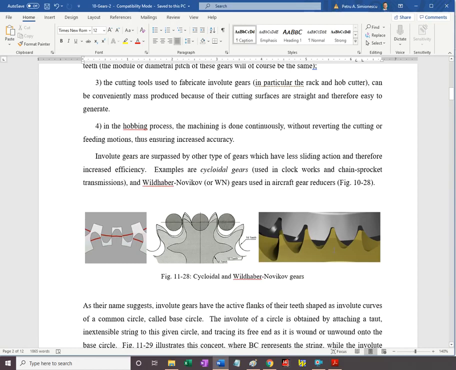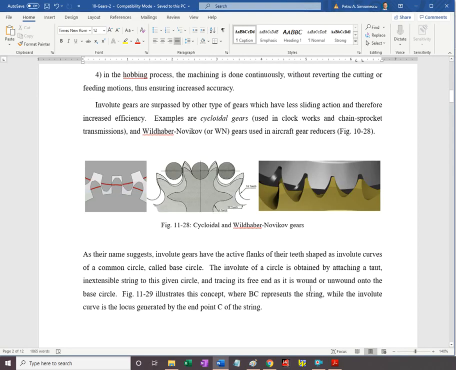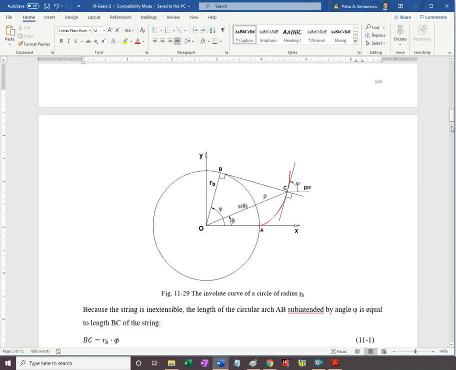And this is Wildhaber-Novikov. So both are external gears. If you look at the tooth shape, they are concave, convex. And this is a preferred type of contact versus concave-concave like in external involute gears.